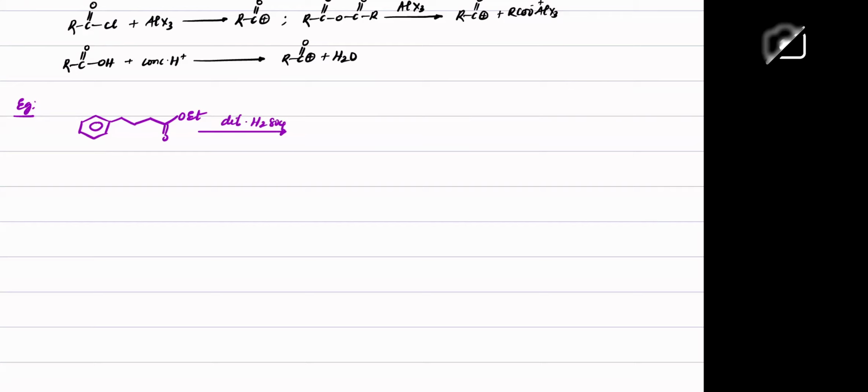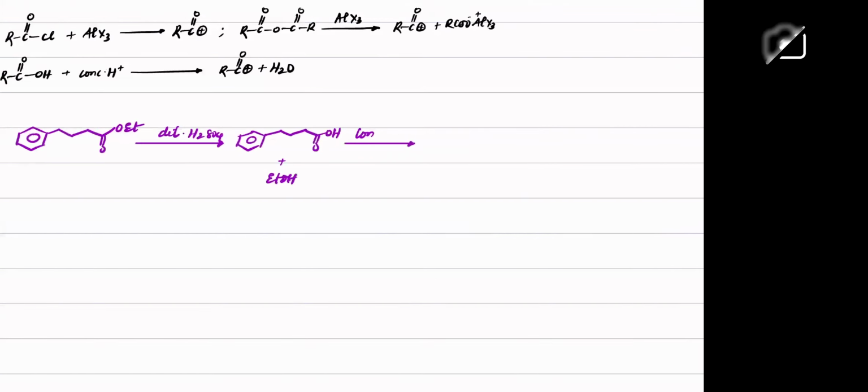So esters will first undergo hydrolysis. Understood? So we will get this as OH. And thereafter, suppose this is the second step. Basically, this and ethanol both will form. And this, if you react with concentrated H3PO4, let's say, now this will also give you acylation.